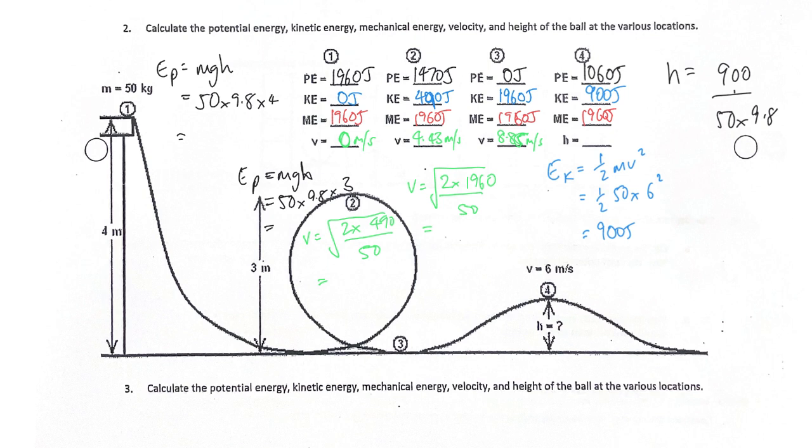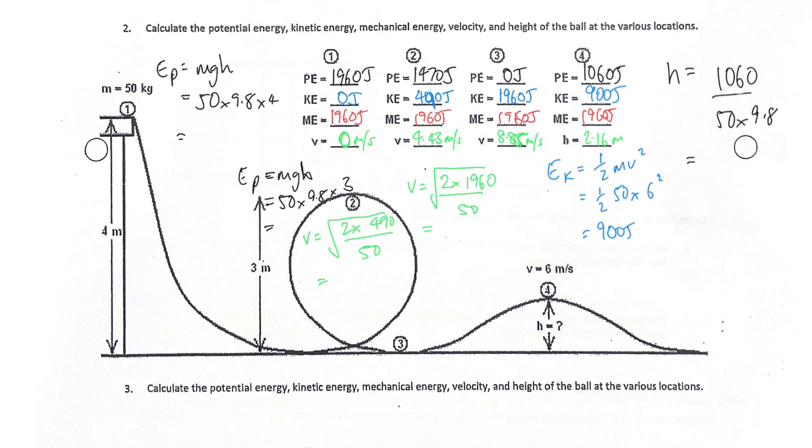No, I've got to pick the EP and not the EK. So it's 1060 divided by bracket 50 times 9.8, close bracket. 2.16 meters.